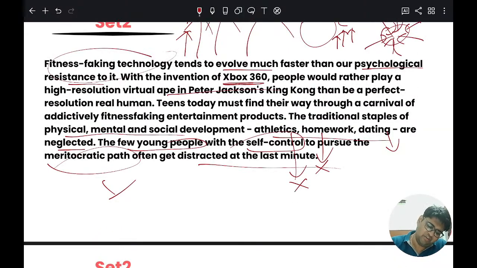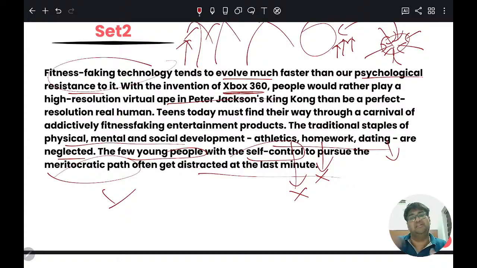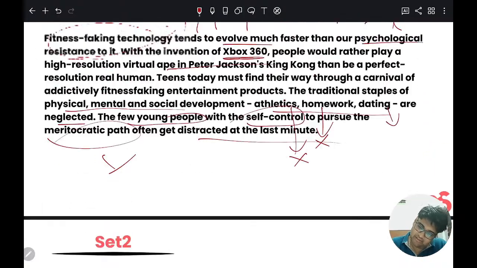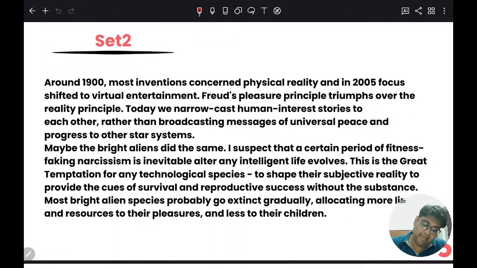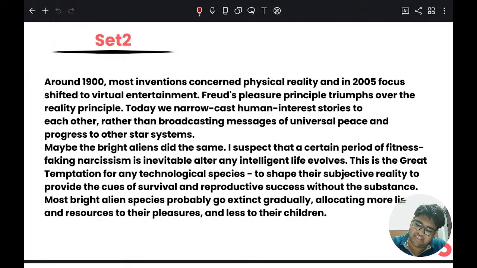Okay, fine. And this is only because fitness-faking technology is evolving much better than our psychological resistance, not physiological, psychological, sorry guys. What is psychological? Our mental ability to resist it. Okay, fine. Around the 1900s, most inventions concerned physical reality, and by 2005, the focus shifted to virtual reality.